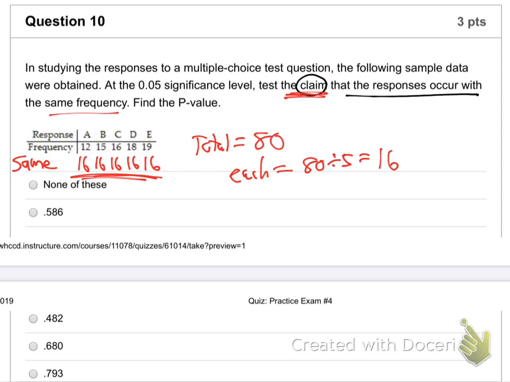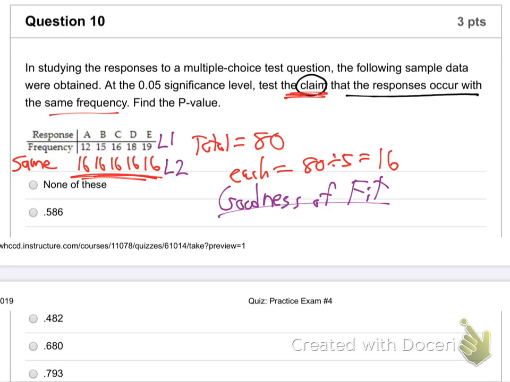So let's try to calculate it. It's a goodness of fit. Remember, L1 is what's observed. L2 is what we calculated. We just calculated those 16s, so that's got to be L2. So put the numbers in L1 and L2, and then do a goodness of fit test.